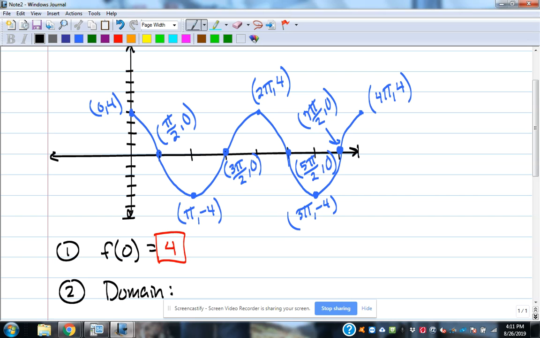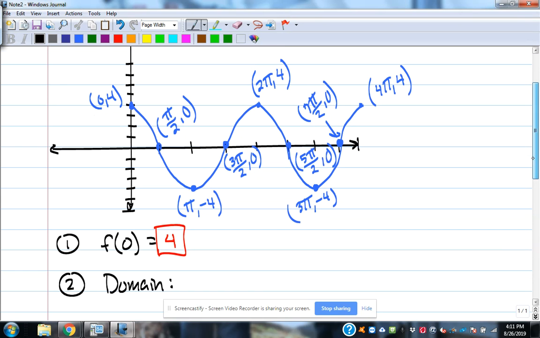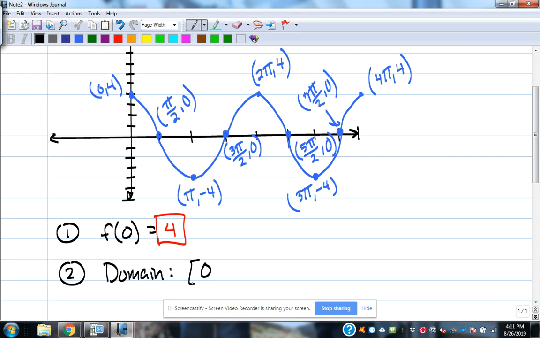What's the lowest one? 0. So we start at 0. Are there any gaps as we travel along this blue line? No, there are no gaps. So that means I'm using all of these x values along this blue line until I get to where it stops.